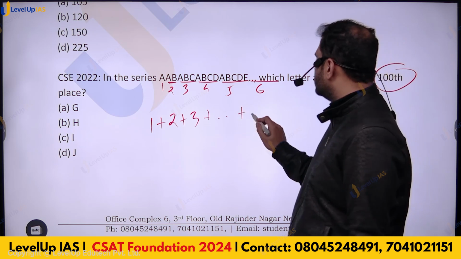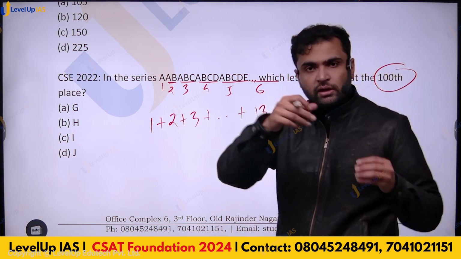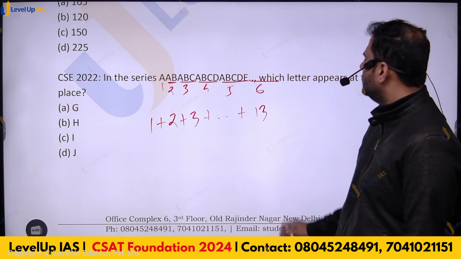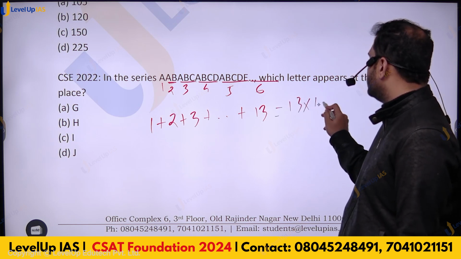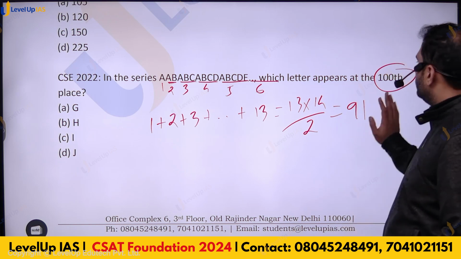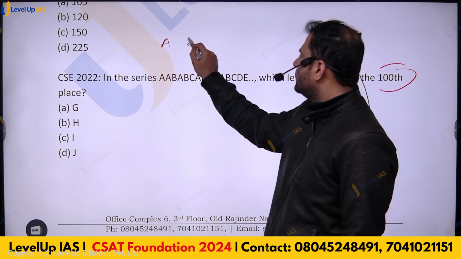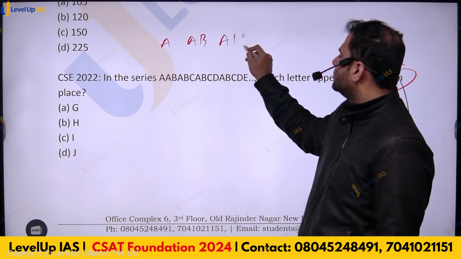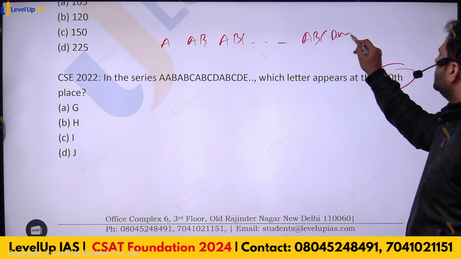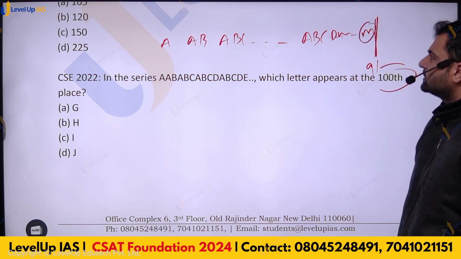If I put n equal to 13, that is A, AB, ABC, ABCD till ABCD up to M, that is n equal to 13, the sum is 13 into 14 by 2, which is 91. Correct. So the 91st letter would be this: A, AB, ABC, and so on, ABCD till M. This is where 91 stops. This is the 91st thing.